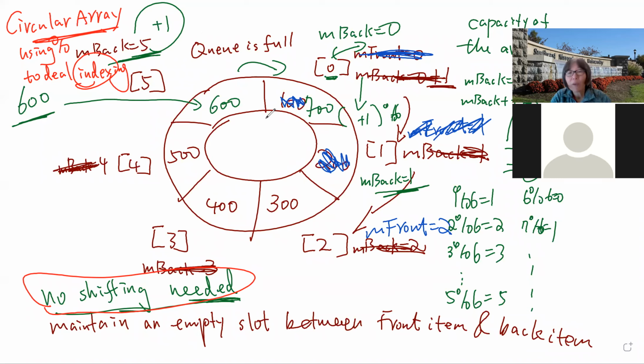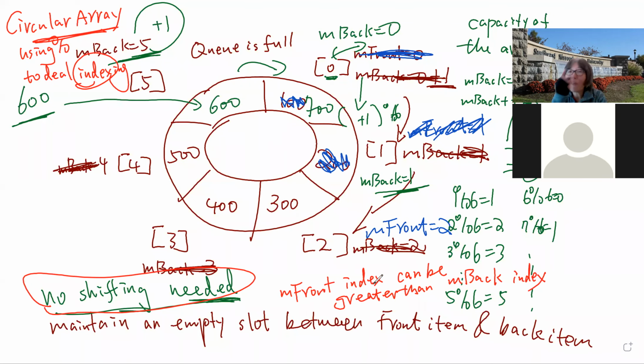And let's come back to see that when we have a circular array, then the front index can be greater than back index.